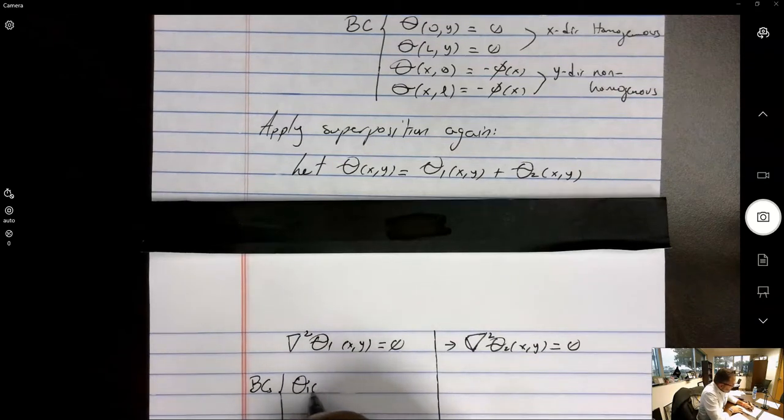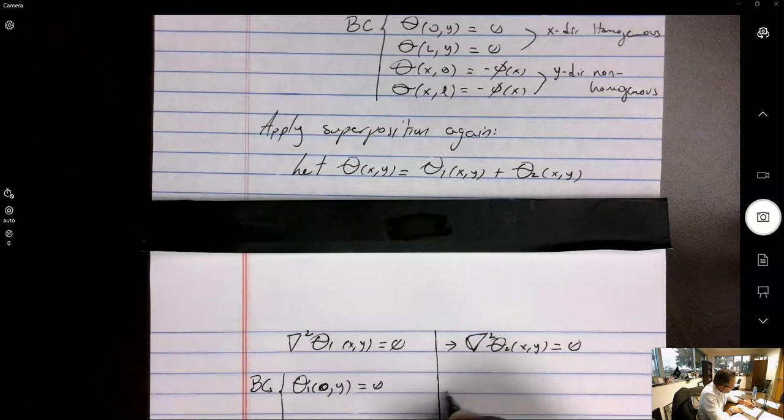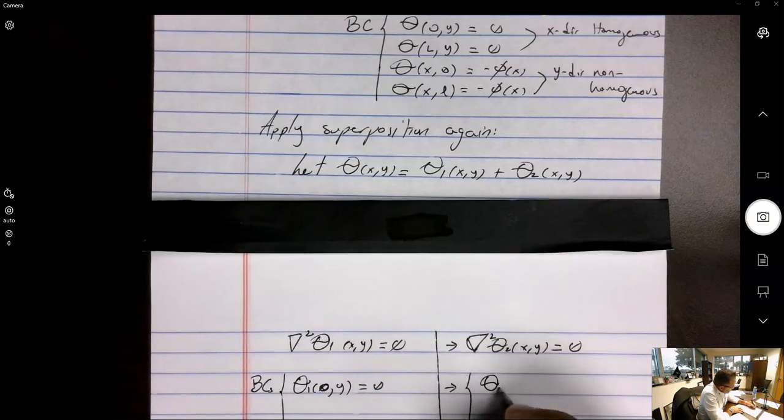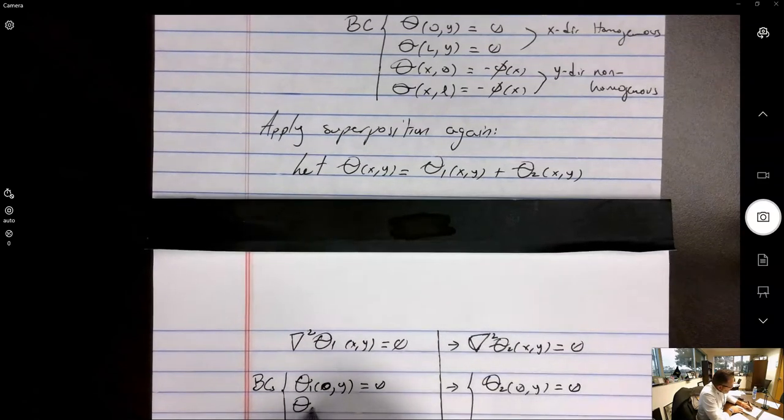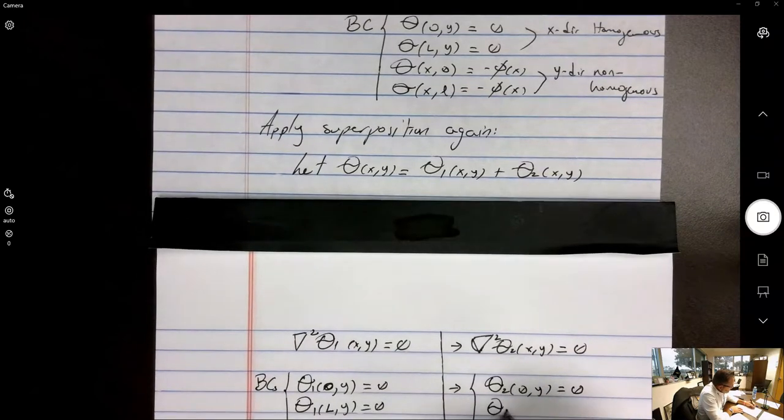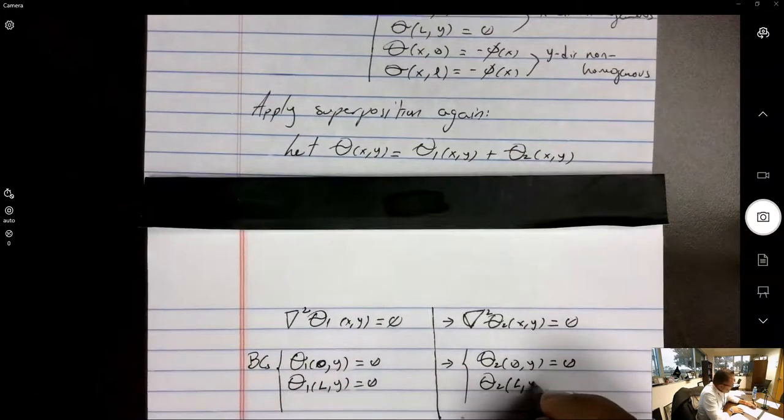this one stays, theta 1 of 0, y is equal to 0, and therefore theta 2 of 0, y also equals 0. If theta 1 of L, y is equal to 0, then theta 2 of L, y is equal to 0.